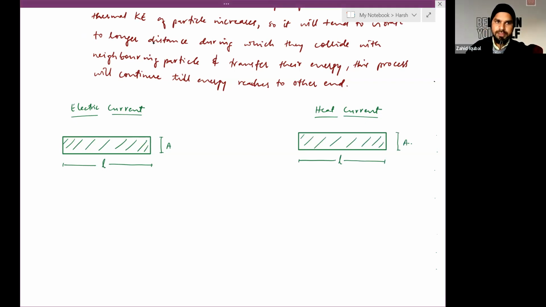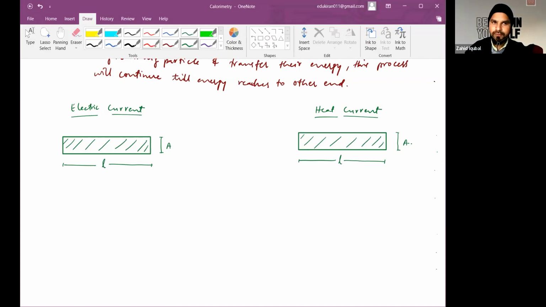Tell me the responsible factor to flow current through a particular conductor.